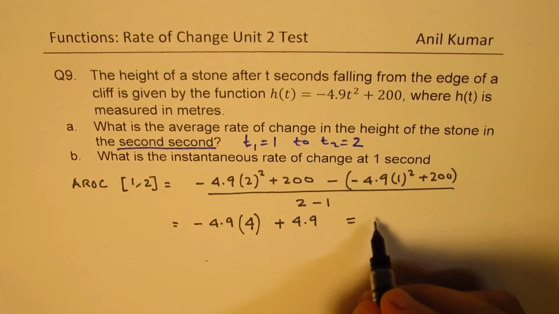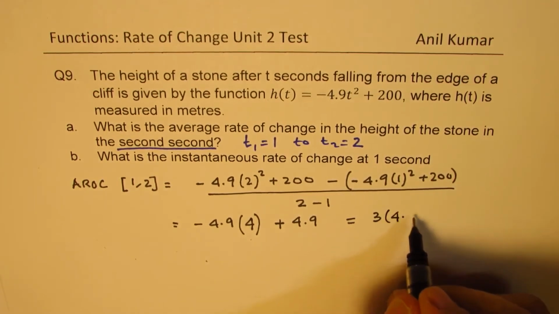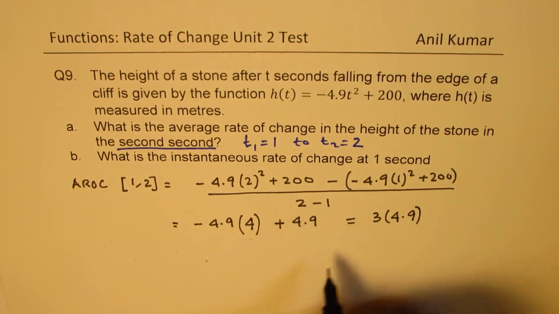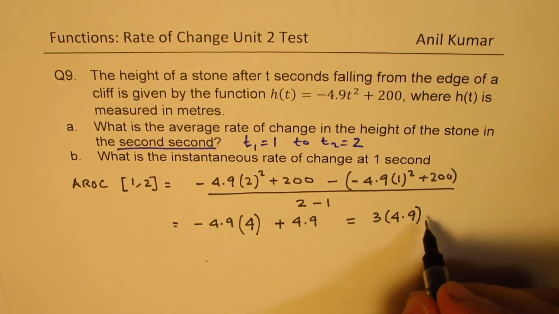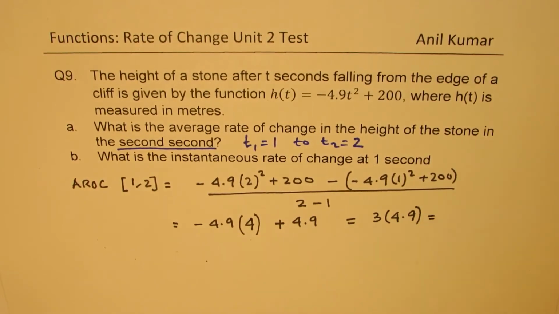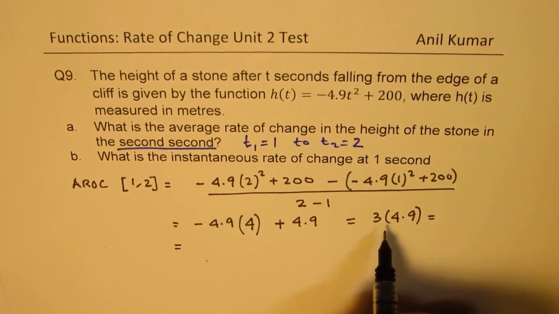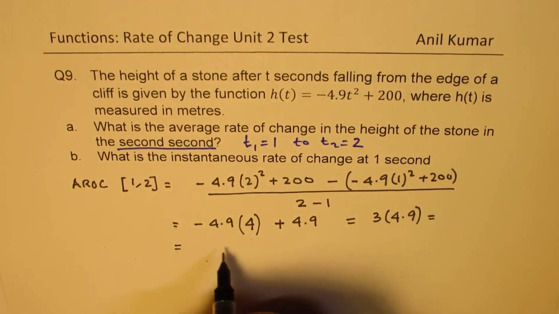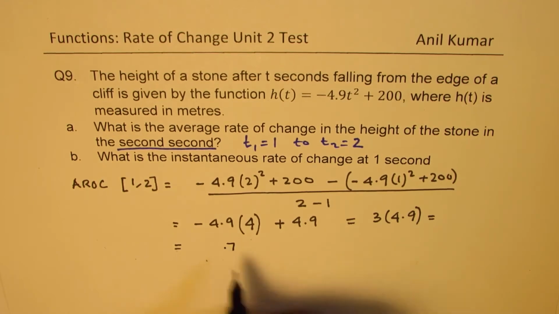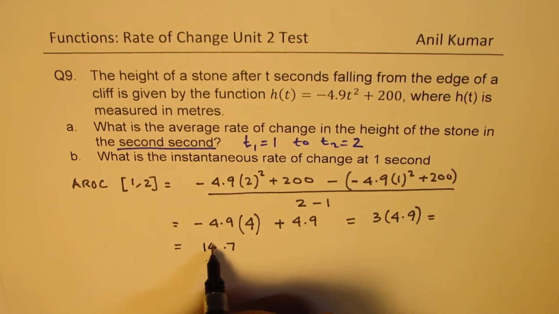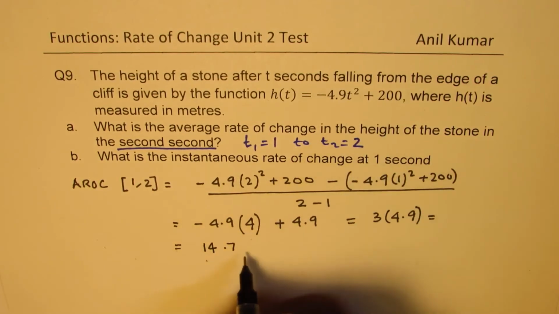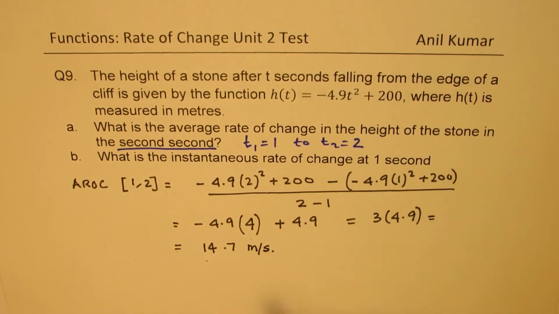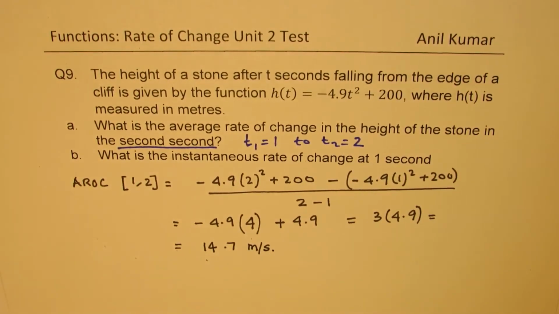So which is 3 times 4.9 divided by 1, of course, and that becomes your answer, right? So we can write this as 3 times 4.9, so basically 3 times 9 is 27, 3 times 4 is 12, 14.7 meters per second. So that becomes the average rate of change in the second.